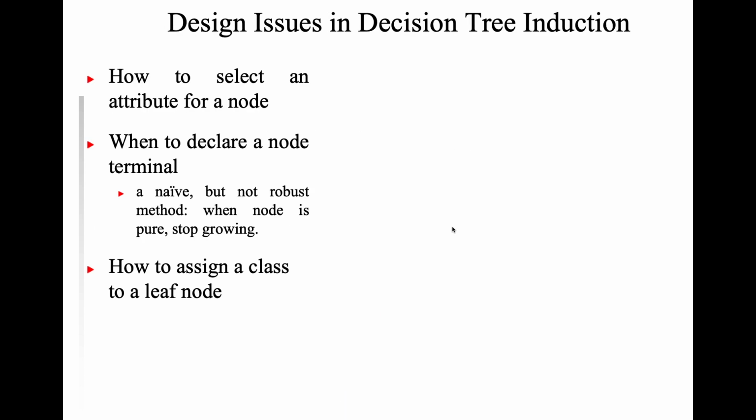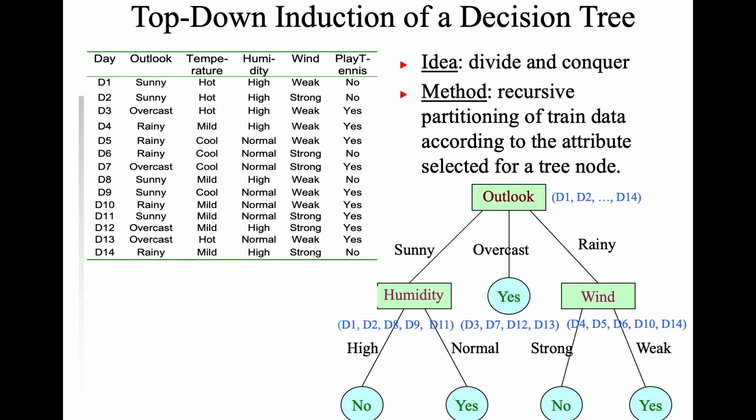So now the main design issues in decision trees. If you were thinking with me from the beginning of this lecture about how to create the decision tree based on the data that we have, what were the issues here? You have that table, you want to design a decision tree. What are the problems?